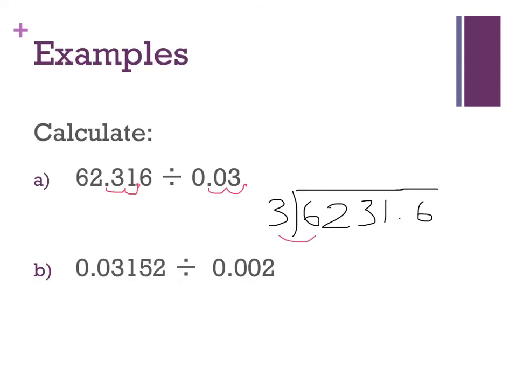3 into 6 goes twice. 3 into 2 I cannot do, so there's a 0 and a remainder of 2. 3 into 23, well that goes 7 times, that's 3 7s are 21, with a remainder of 2. 3 into 21 goes 7 times, decimal points under decimal points, and then 3 into 6 goes twice.